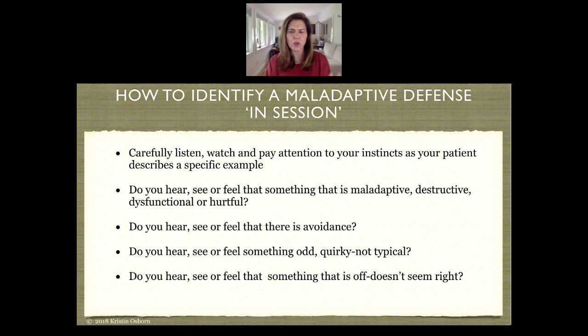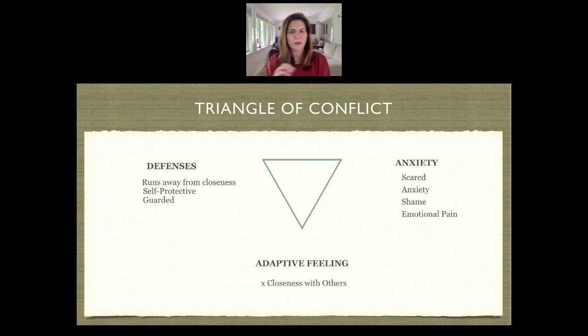And so while you're doing that, you're actually using the triangle of conflict, and it's perfectly okay to be writing this down on your notepad. And you're noticing, okay, in this example, it looked like my client was close to experiencing sadness, but instead of experiencing sadness, she pulled back and she ran away by being guarded and self-protective.